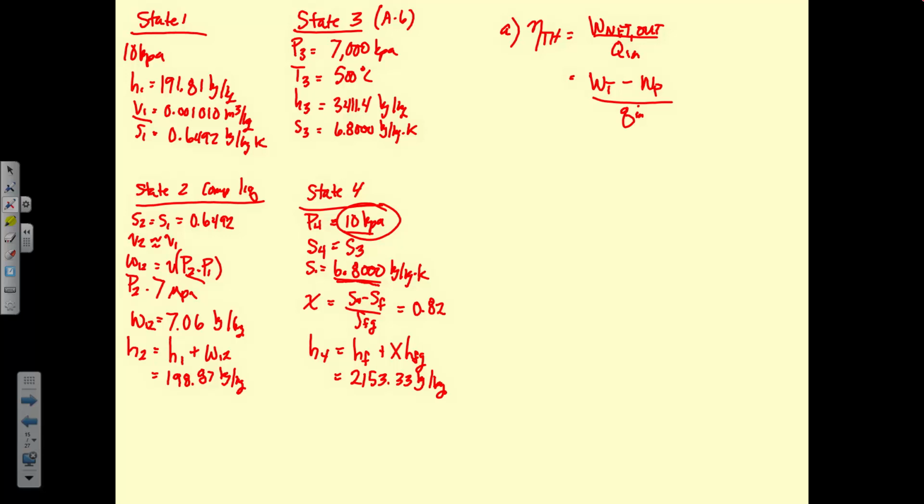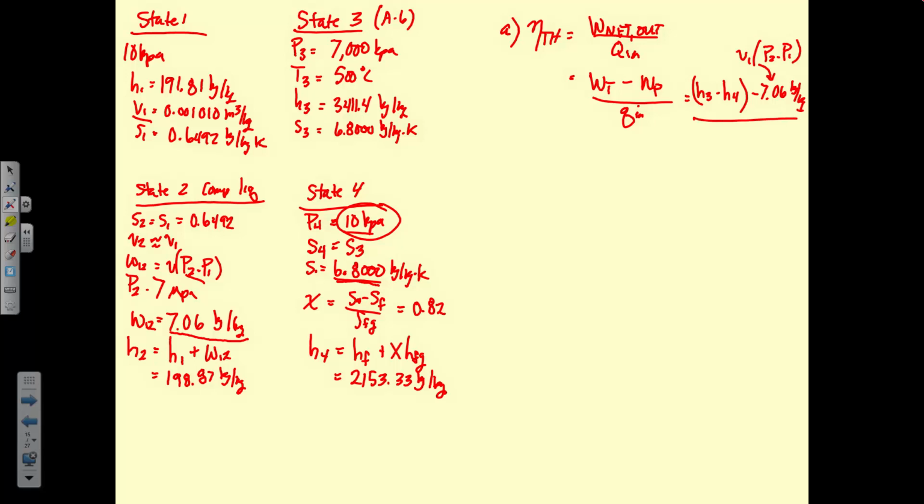And we don't have a mass flow rate of our steam flowing through, so it's okay to use these in lowercase. So the work of the turbine is going to be h3 minus h4, and the work of the pump we calculated previously, this work 1 to 2, which was 7.06 kilojoules per kilogram. So this is v1 times P2 minus P1.